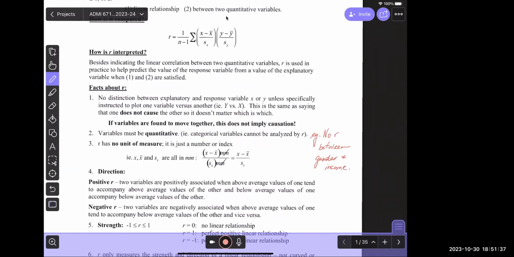You could find a trend or relationship, but not using this R. You do something else. Number 3, notice R has no unit of measure. When we compute it, because we're standardizing X minus X-bar over the standard deviation, the units cancel. So it leaves us with an average of no units.